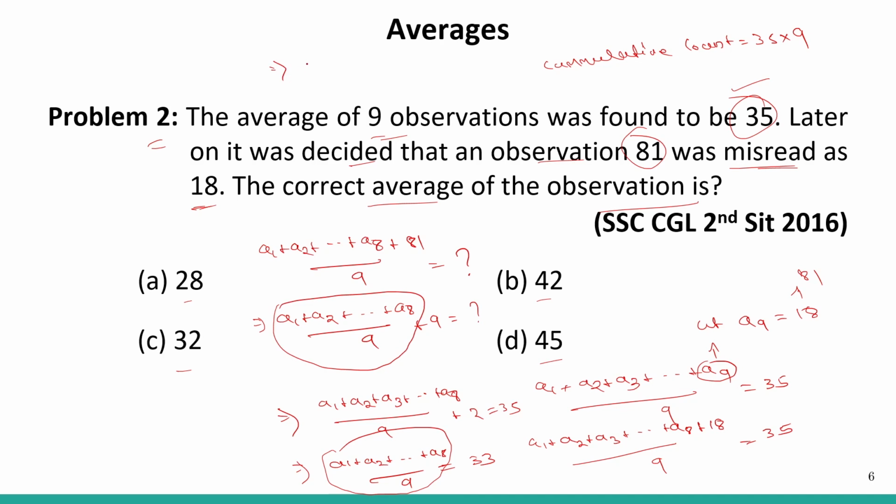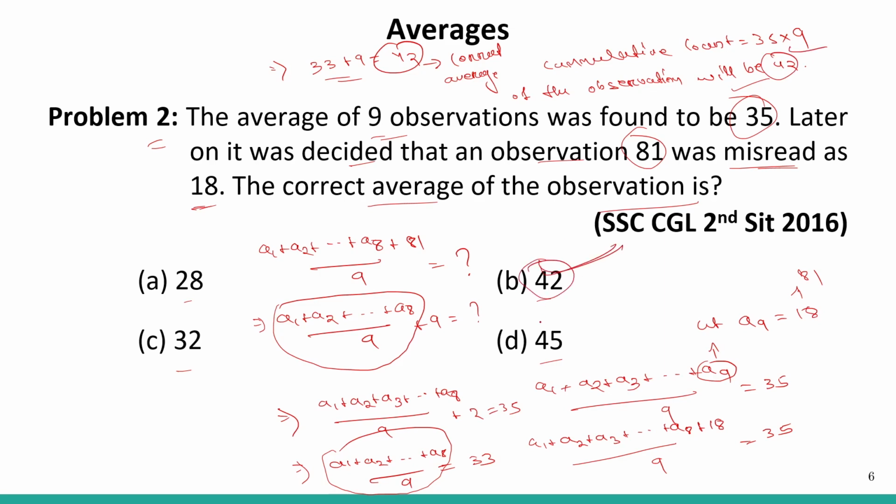So this was 33, then plus 9, so it will be equal to 42, right? So the correct average of the observation will be 42. Okay, so 42 will be the correct answer. Among these, B is the correct option, that is 42.